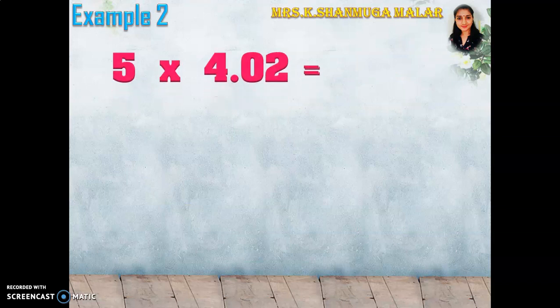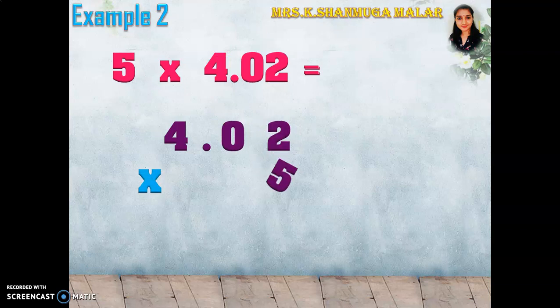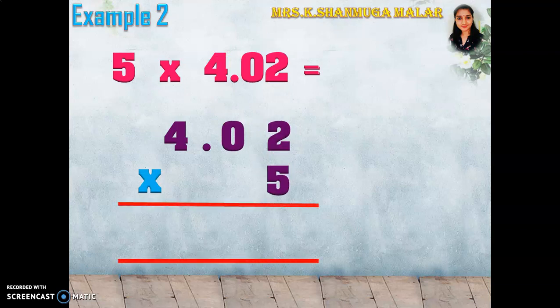5 times 4.02. When you write this number in a vertical form, we must write the decimal number first. 4.02 times 5. Students, what we should do after this?